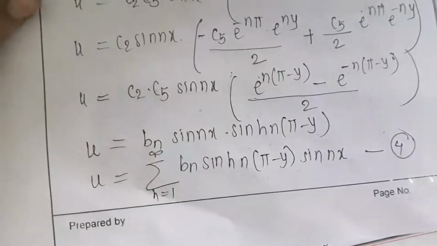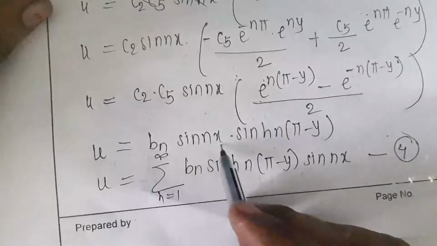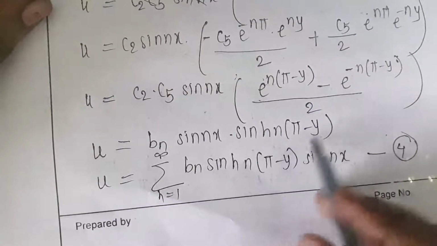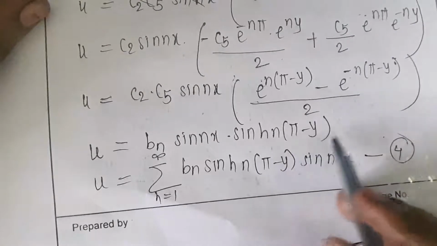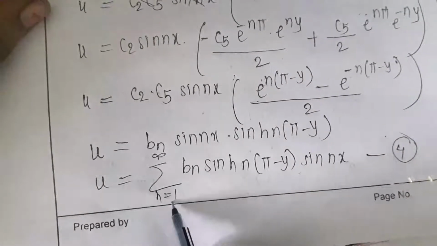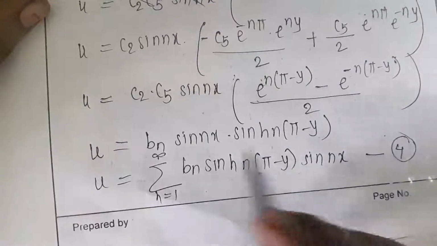So simplifying this expression, we get u is equal to C2 into C5, denoted by bn, sin nx into sinh, the formula for this is sinh of n into pi minus y. So u can be written as the sum from n is equal to 1 to infinity of bn sinh n pi minus y multiplied by sin nx. Now we want the value of bn.